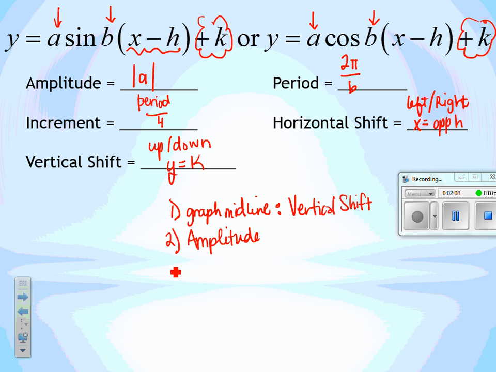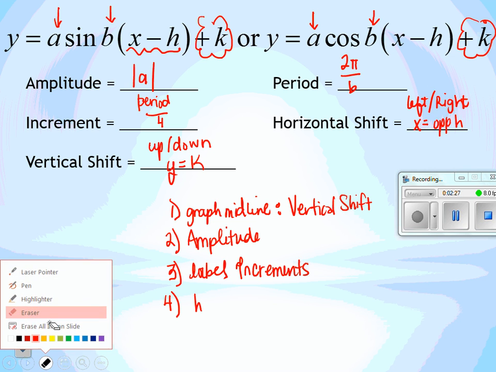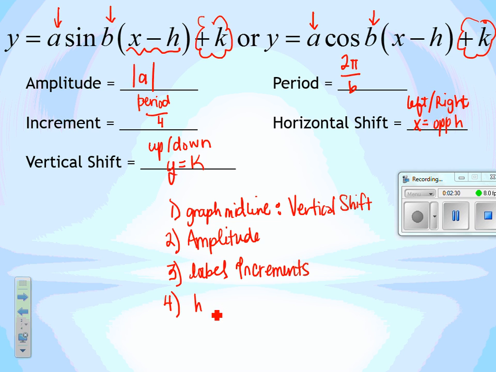And then label your increments. And once you label your increments, then you can do your horizontal shift. So that is the order in which you would graph it.